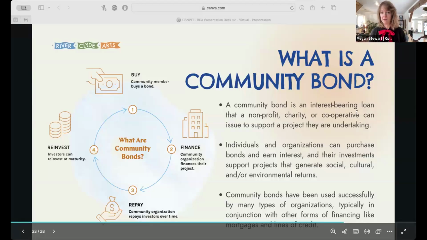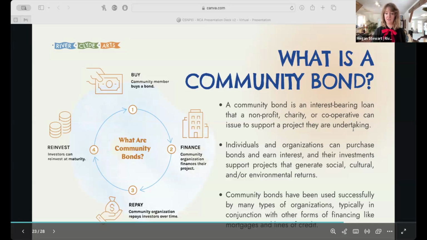So this would be the second time around once the first bonds have come to maturity. Community bonds have been used very successfully by many types of organizations, typically in conjunction with other forms of financing like mortgages and lines of credit.